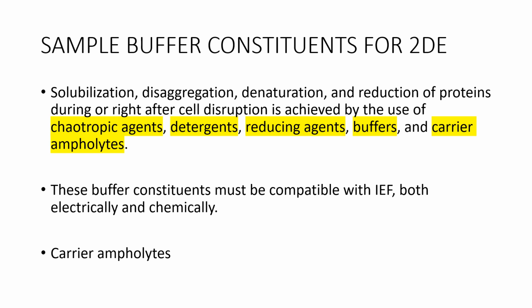And then for the detergent, hydrophobic interaction within the polypeptide chain or between the protein complex can be disrupted in the presence of detergent. The use of detergent can also increase solubility, especially of membrane protein.